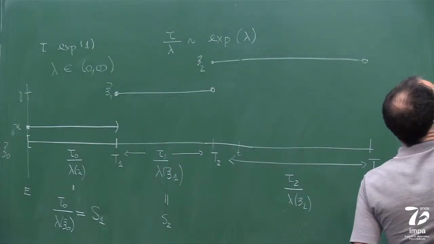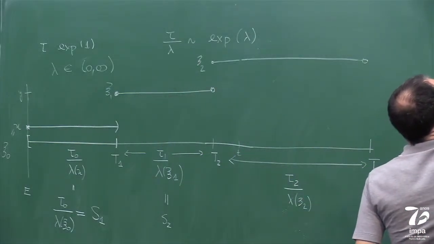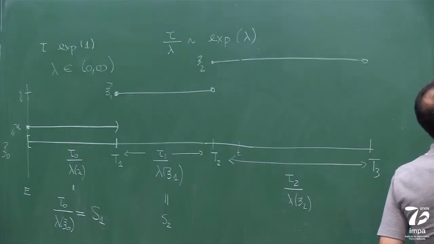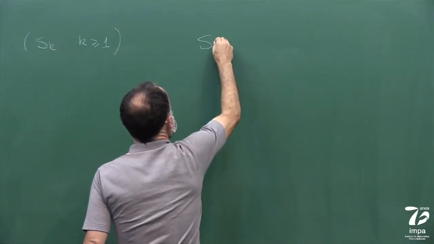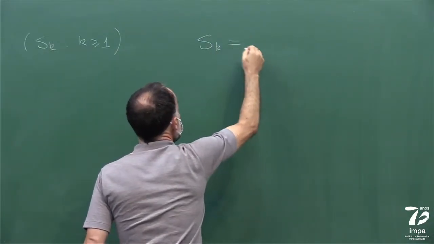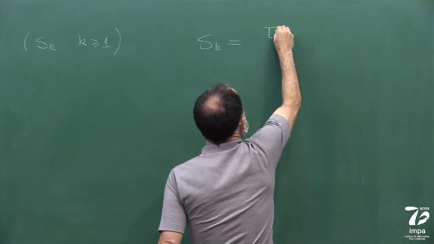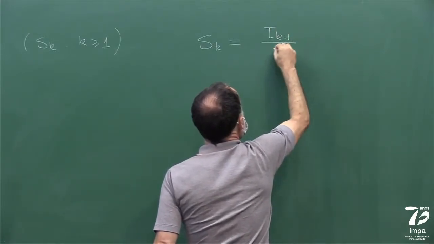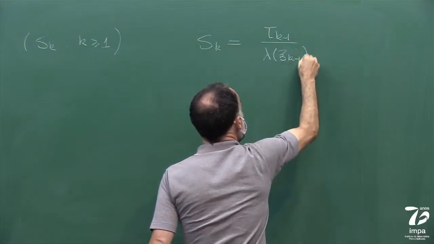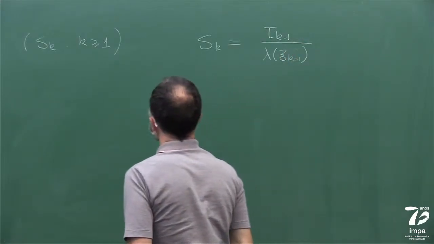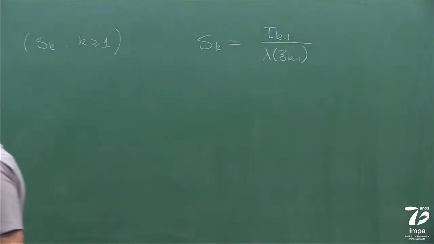A sequence S_k, which I can start from either 0 or 1. Let's say that we start from 1. Its definition: s_k is tau k minus 1 over lambda of psi k minus 1. So this is the definition of this sequence.